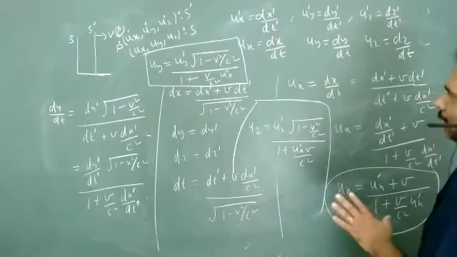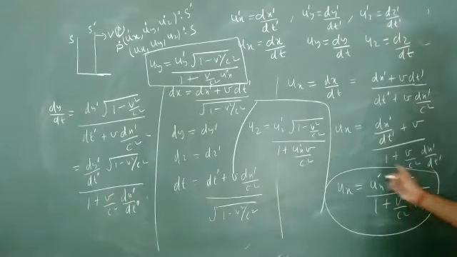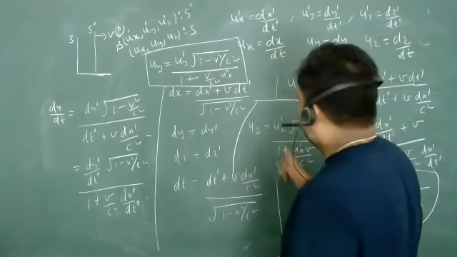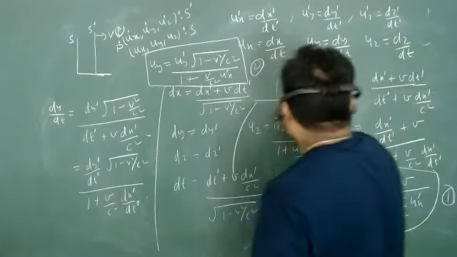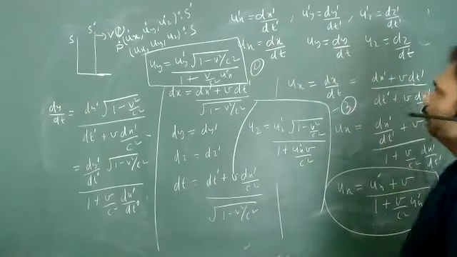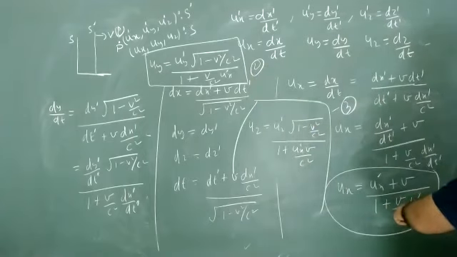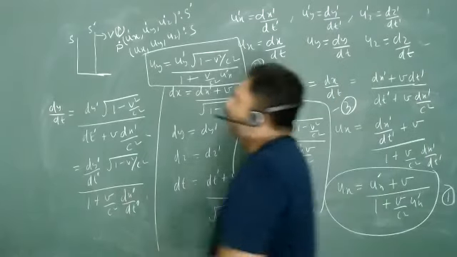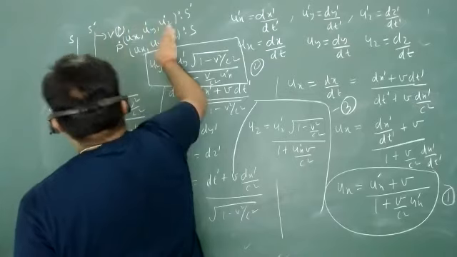Now you can see this is entirely different from these two, isn't it? We have equation 1, equation 2, equation 3. So equations 2 and 3 are entirely different from equation 1. Why? Because S' is moving in which direction? The i cap direction.